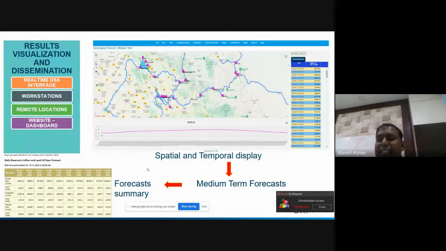In April, May and June, when water demand is very high, how much flow can be released from the reservoir will depend on how much flow from snow melt will come to the reservoir. And for this, 3 months forecasting is required.